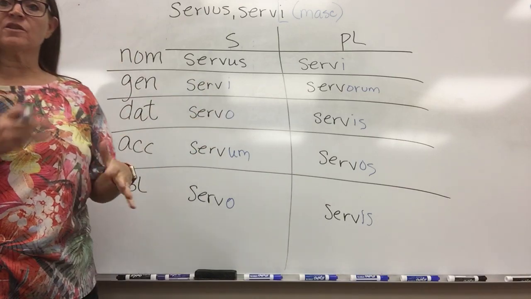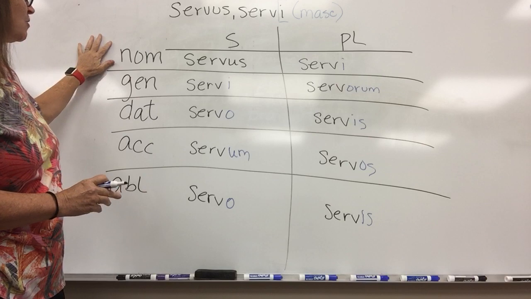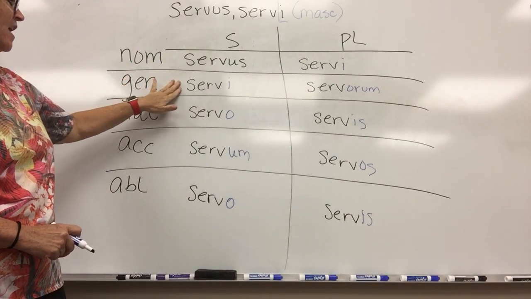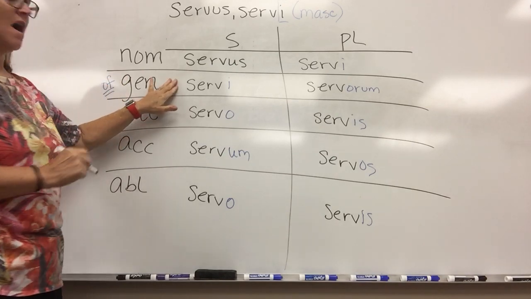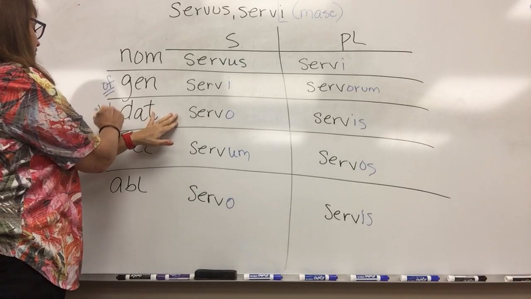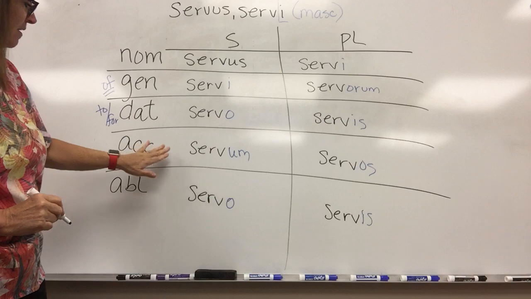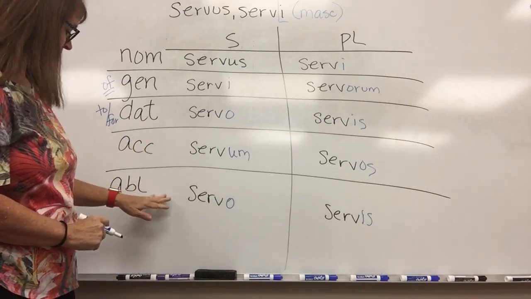So let's just remind ourselves how we translate. Okay, so nominative doesn't have any special words, so you have a slave or the slave. Okay, genitive, your special word is going to be of the slave. Dative is to or for the slave. Accusative case has no special words, the slave or a slave.